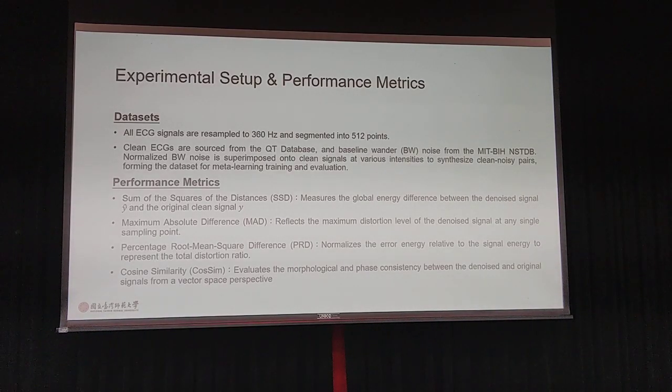For comparison of the denoising performance, we utilize 4 standard metrics. The first 3, SSD, MAD, and PRD, measure signal distortion and error. The lower value indicates better performance. Conversely, cosine similarity assesses morphological similarity, where a higher value is better.